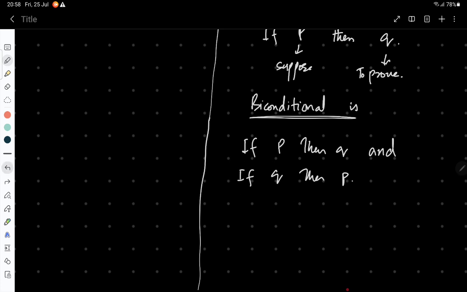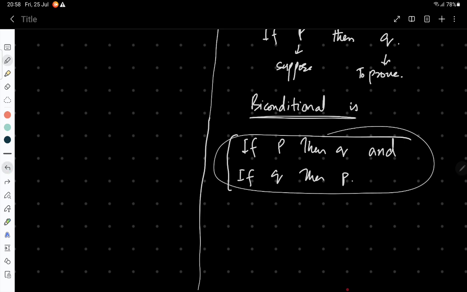You can see, in the first part, I have to assume that P is true and I have to prove that Q is also true. But in the second part, I have to assume that Q is true and I have to prove that P is also true.